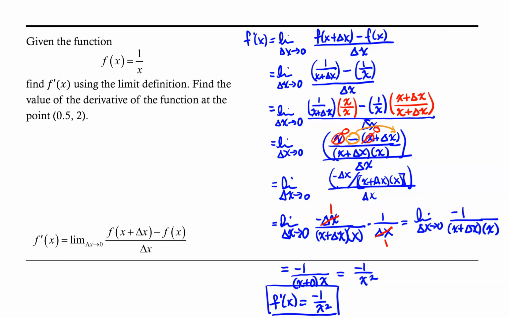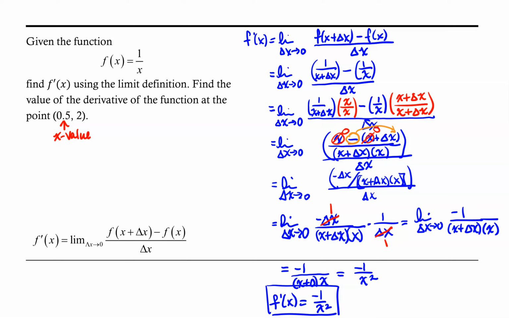Now, we were asked to find the value of the derivative of the function at the point (1/2, 2). So notice that the input for the derivative function is an x value. To find the value of the derivative of the function, I need to focus on the x value of the point we're interested in.